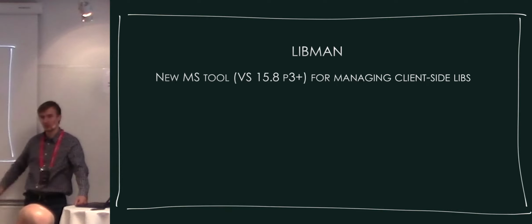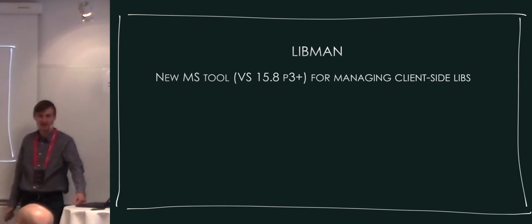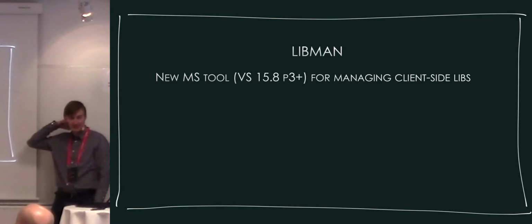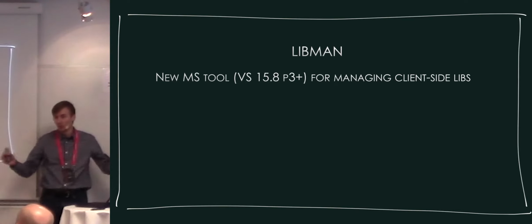How many of you have heard of libman? Oh, cool. So libman is a new Microsoft-built tool. I think I first learned about it somewhere in September last year. It is used for managing client-side libraries without bringing all this framework, Node.js stuff on board.